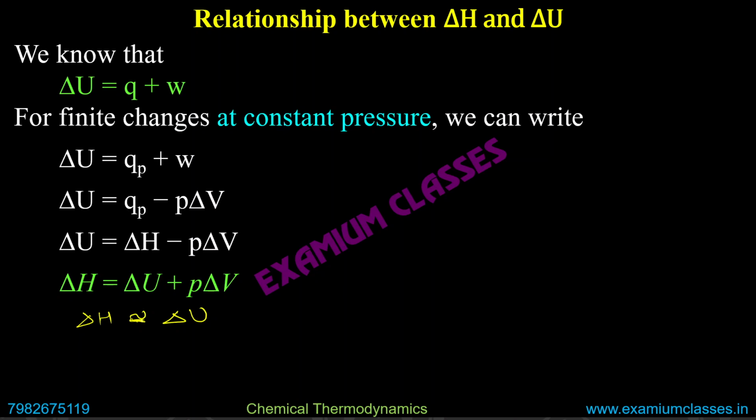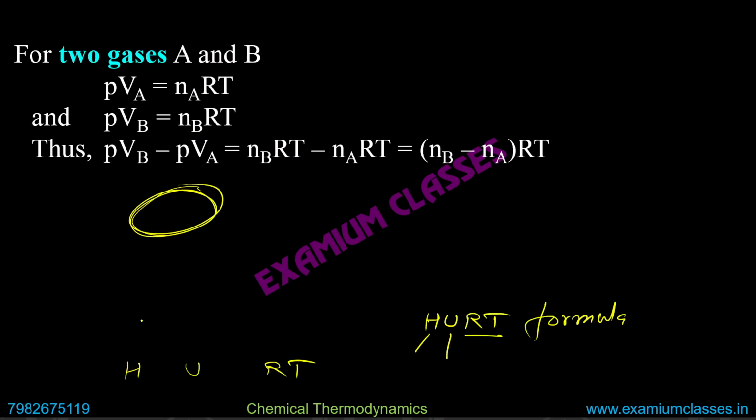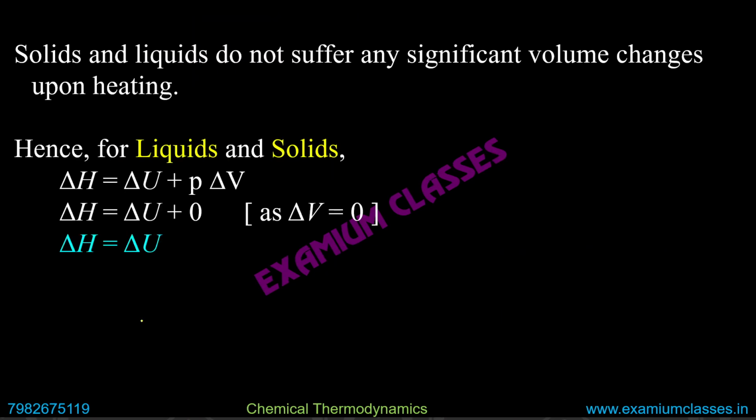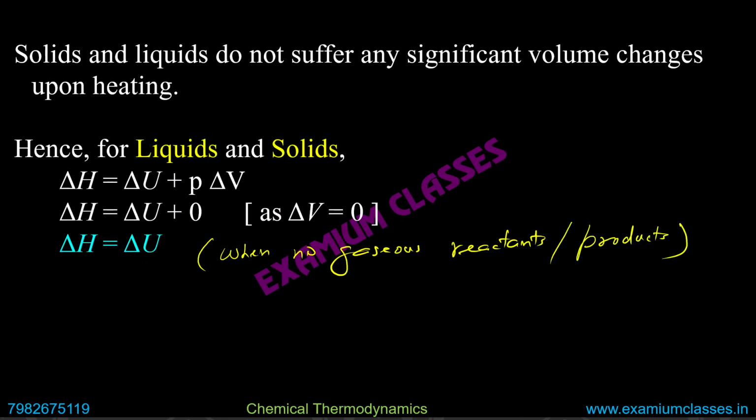So delta H will be equal to delta U when there are no gaseous reactants or products.